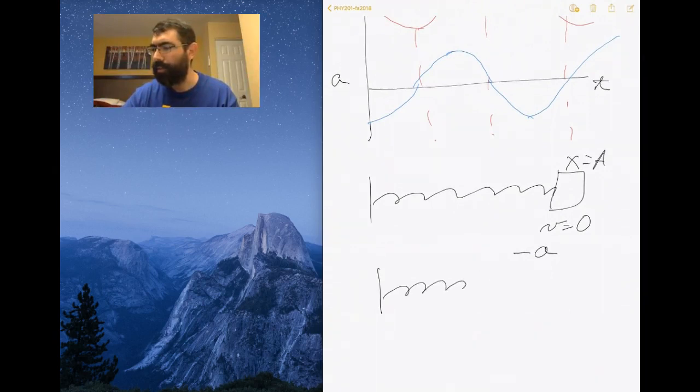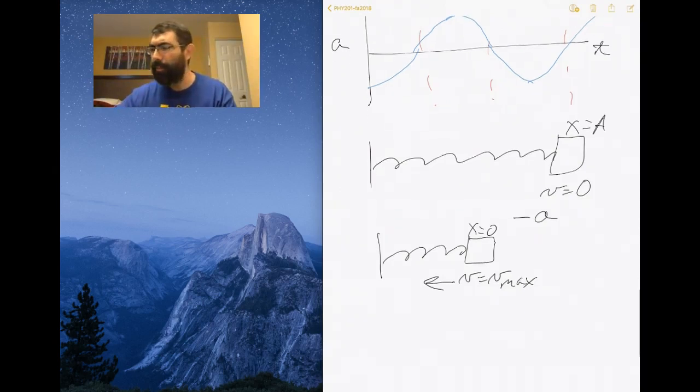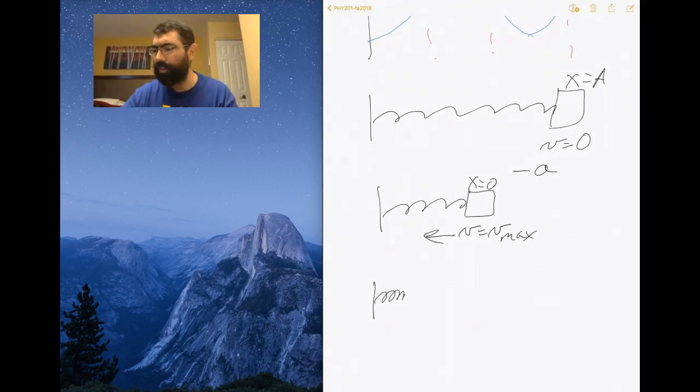When the spring is now at its equilibrium position, x is equal to 0, v is at its maximum, moving in the negative direction, and the acceleration is now 0, because we basically have no change in the velocity yet.